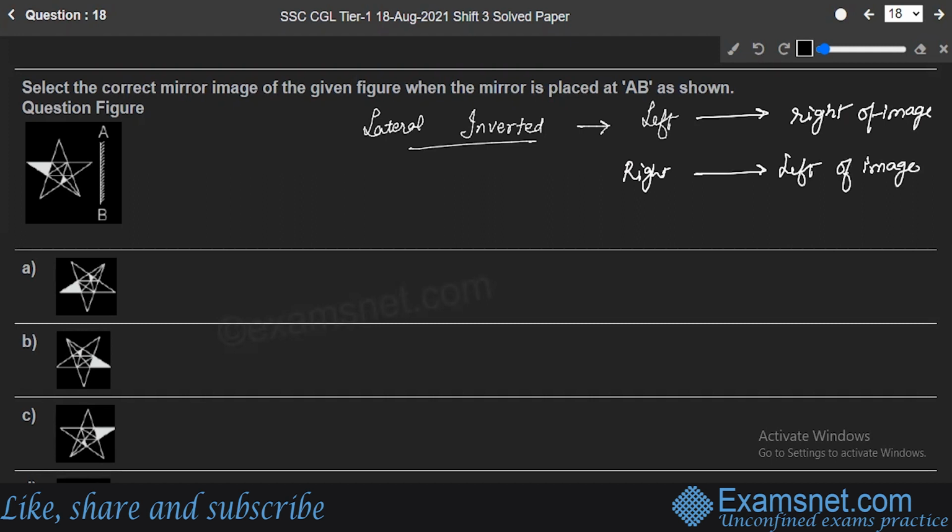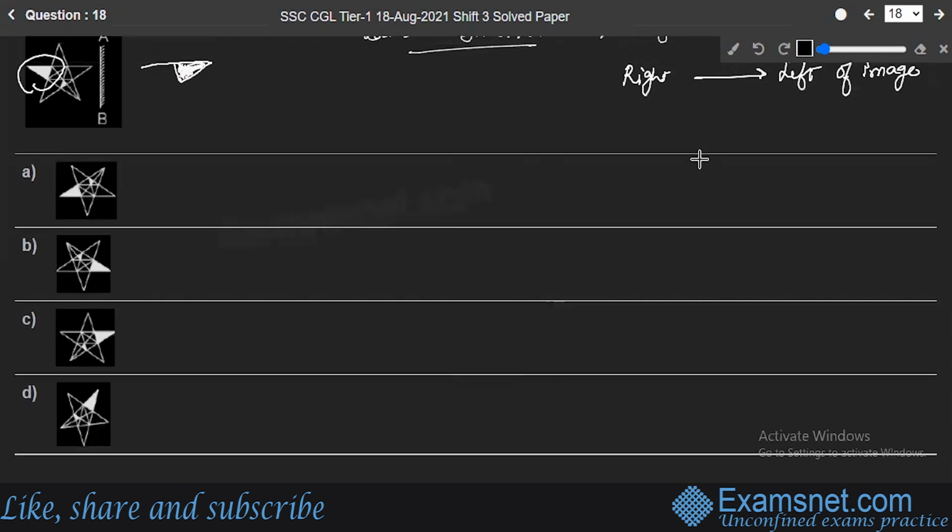Now, if this shaded part is on the extreme left, of course, it will be over here, and shaded. So the only option which has this part at this particular position, it's not this one because it's downside. Yes, this is the one, because this shaded part, if it's laterally inverted, would come at this position, and even this is incorrect.